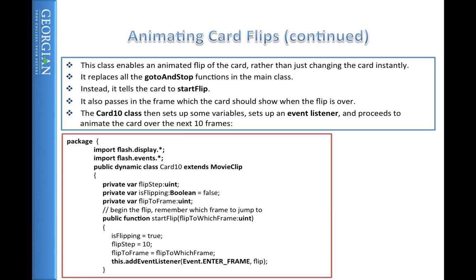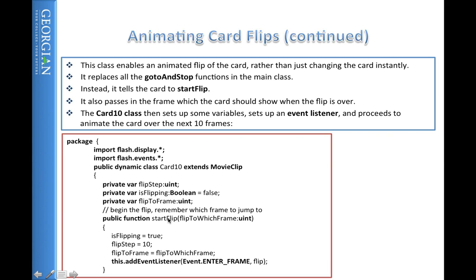So we've created a new card. Instead of making a stub of a card that we had in Flash before, we've created this new card class. And what the card class does is it creates a frame flip animation, which, by the way, I think you should take a look at on your own, right? Because I can go through it.